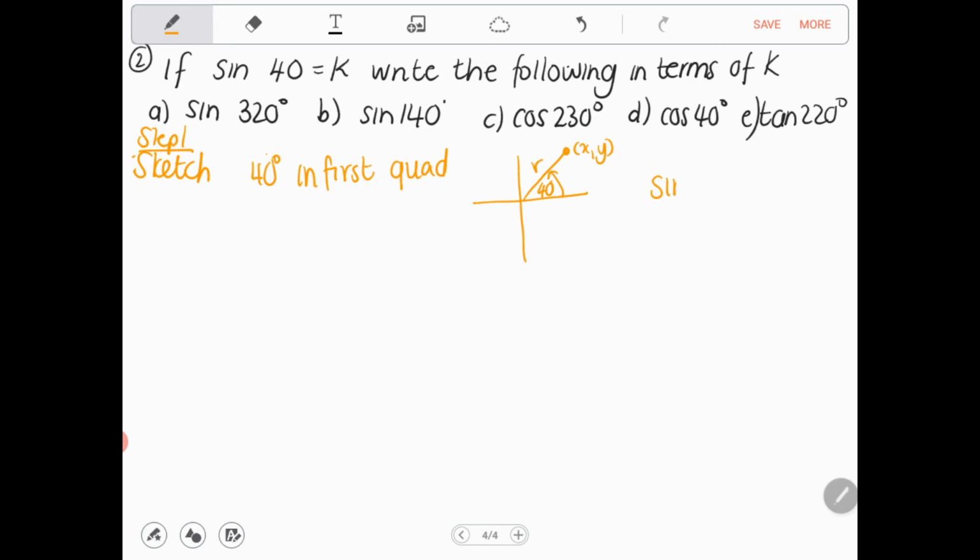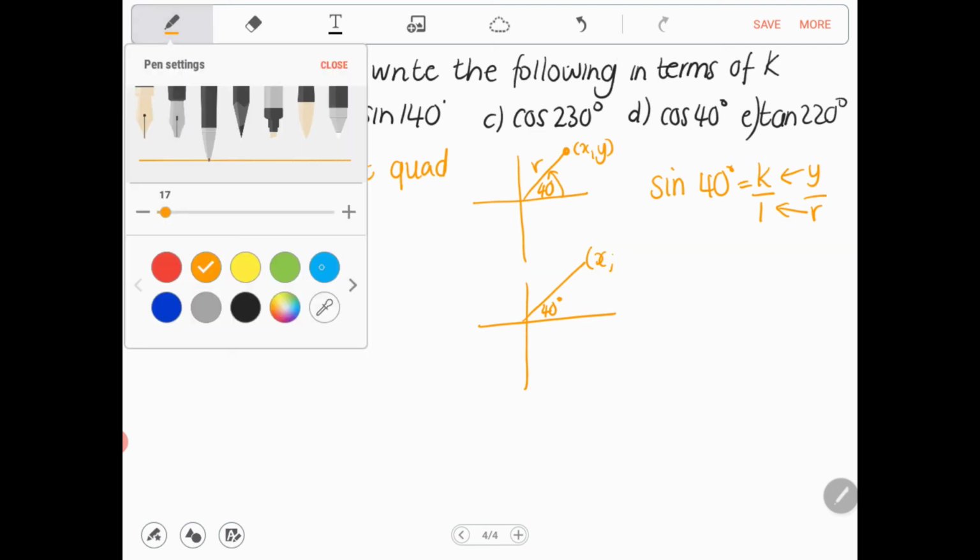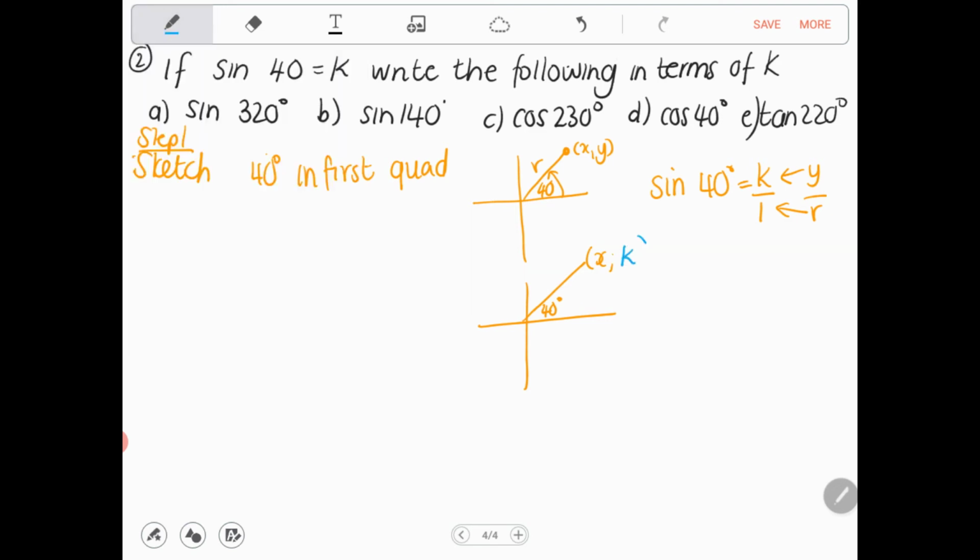Sine 40 is k over 1. Sine is y over r, so that means that k is a y. So I'm going to replace the y with a k, and my r again is a 1.